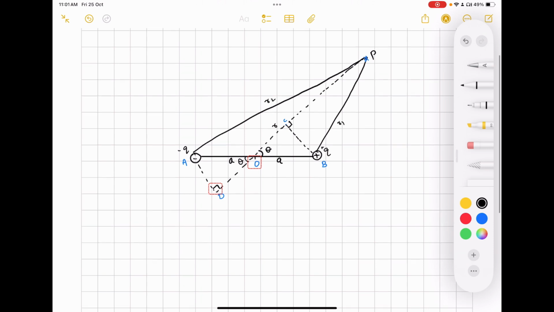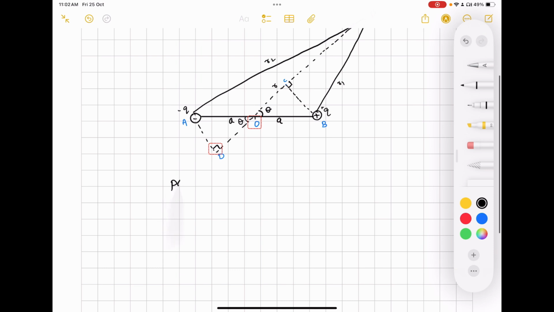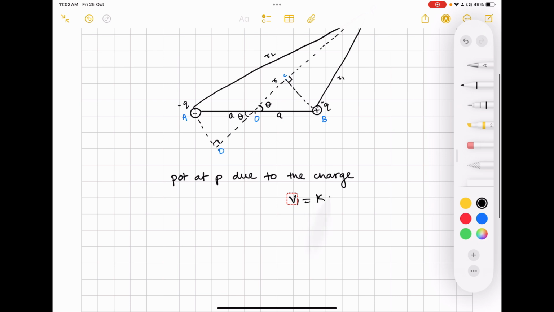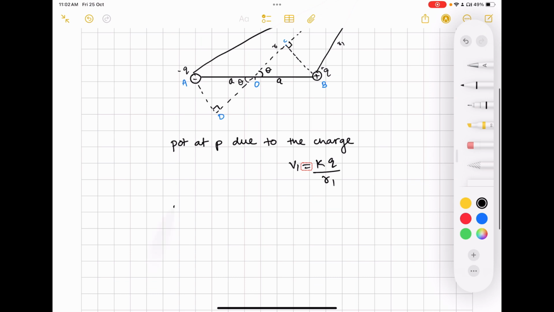So first, the potential at P due to the positive charge, that is V1, is equal to KQ by R1, and the potential at P due to the negative charge, V2, is equal to minus KQ by R2.